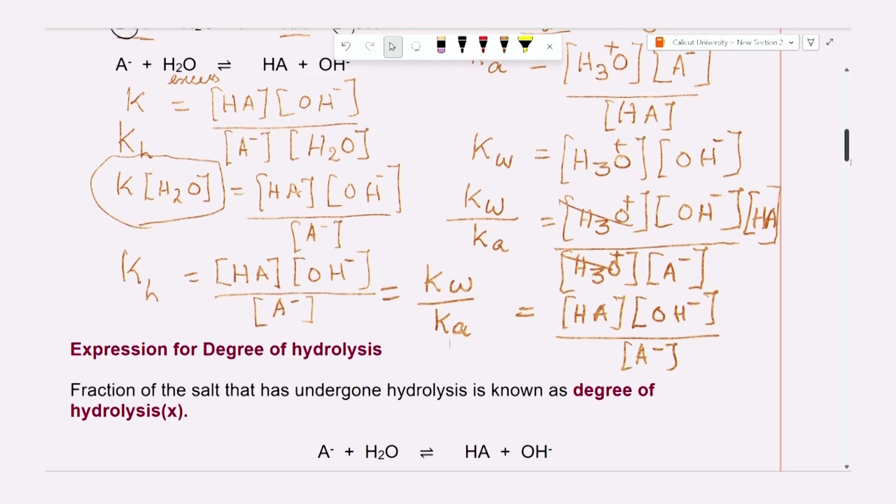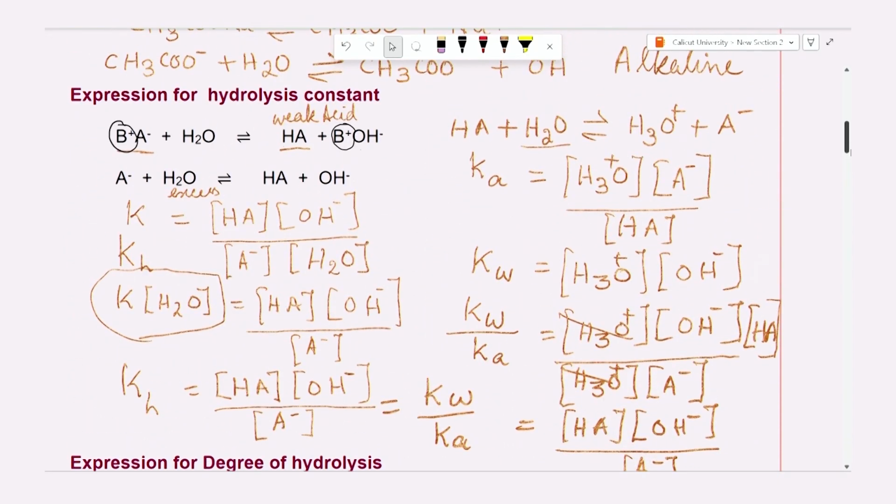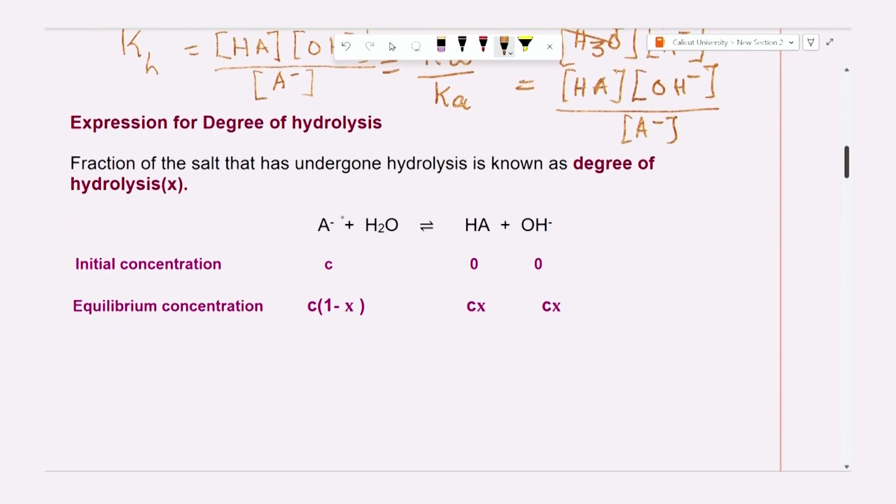Next, we have to find out the degree of hydrolysis. Again, we are going to take this expression where A minus plus H2O gives HA plus OH minus. Degree of hydrolysis means the fraction of the salt that has undergone hydrolysis.